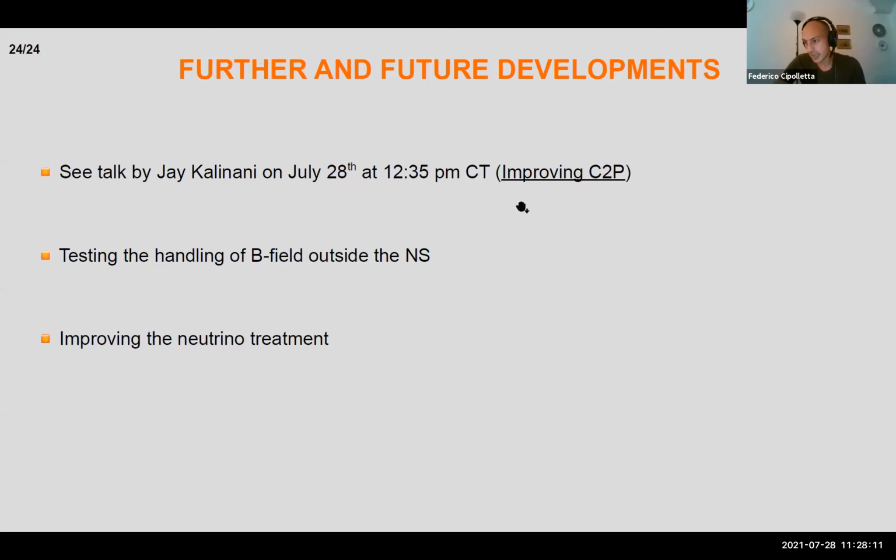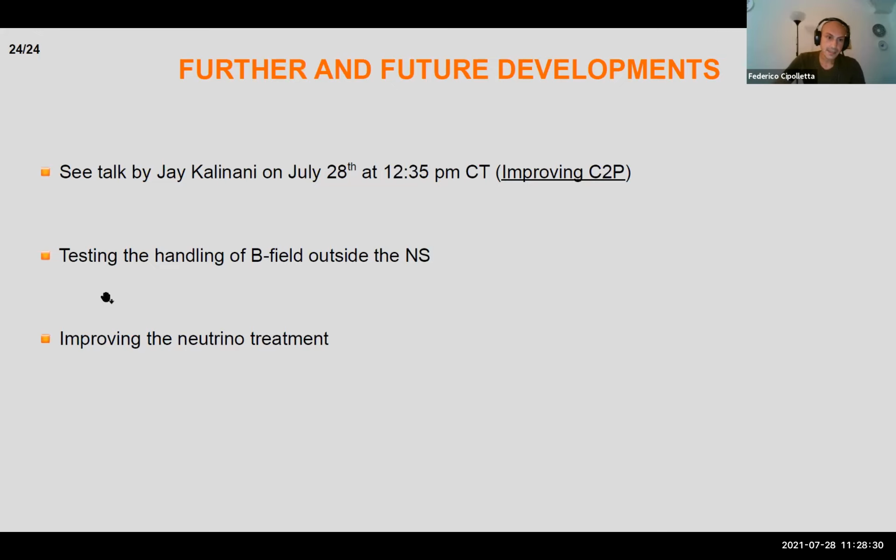In particular, he worked on implementing the new Con2Prim scheme by Kastaun et al. And he performed several challenging tests for this new implementation.